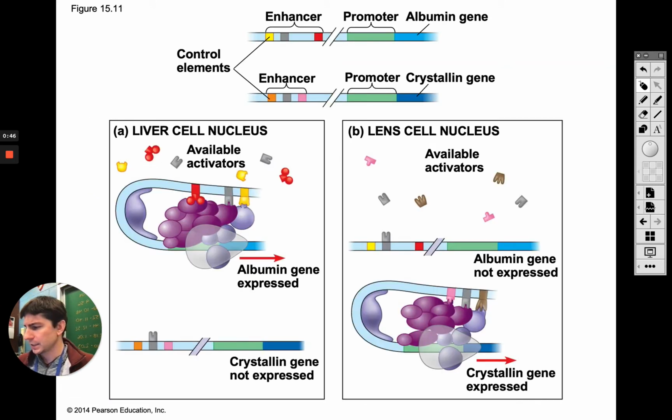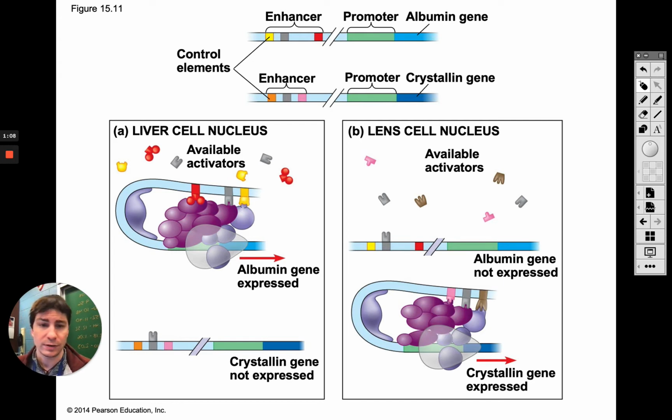So let me explain this diagram here. Every single one of our cells, no matter what it is, we have the same DNA in those cells. Whether it's a brain cell, a heart cell, a lung cell, whatever, it's all going to have the same potential to make and express certain genes.